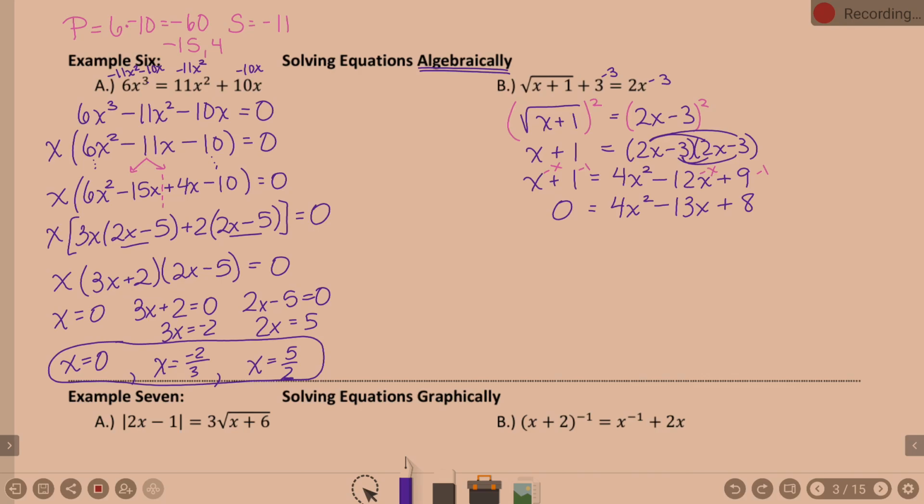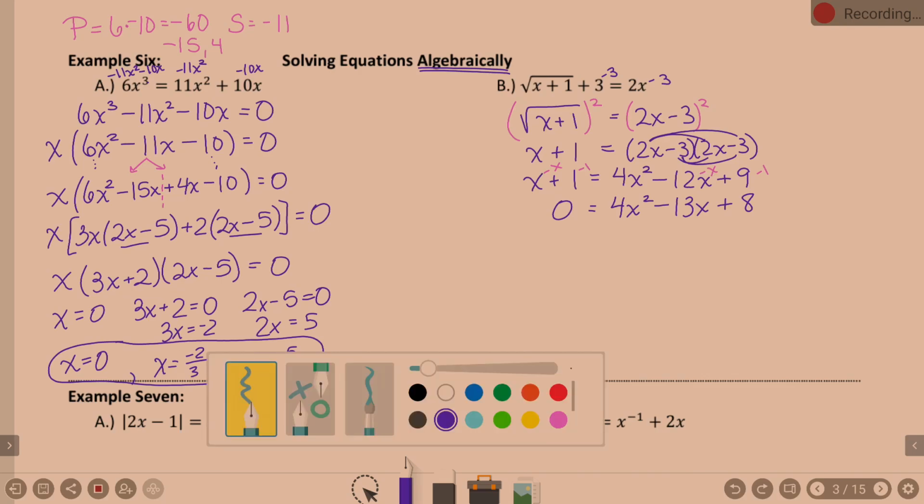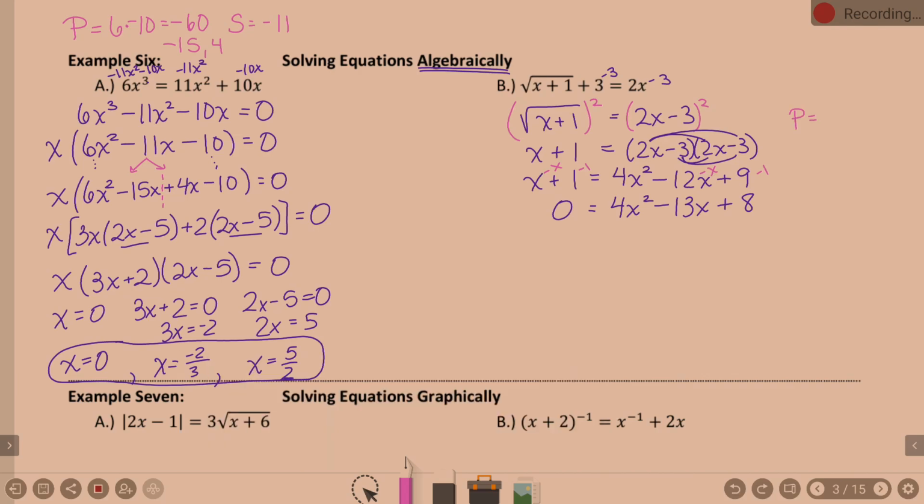Product of AC. So let's see, product of AC, what are we doing? Product of 4 times 8, which is 32, and a sum of the middle term B, which is negative 13.